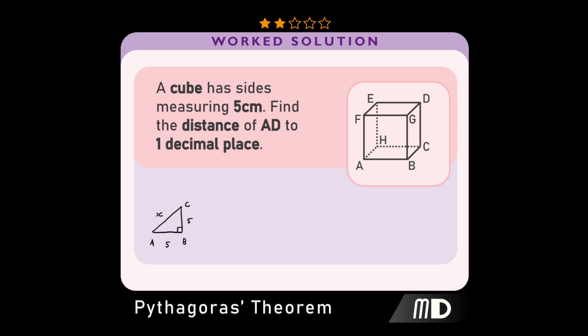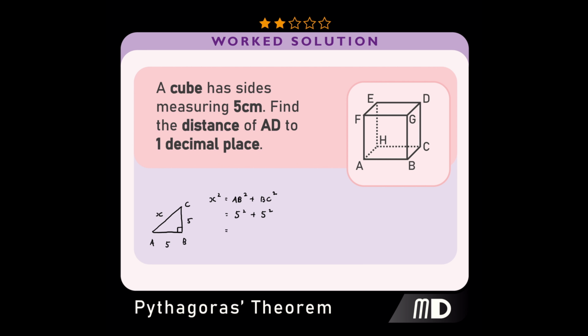Applying Pythagoras' theorem, x squared is equal to AB squared plus BC squared, which is 5 squared plus 5 squared. 5 squared is equal to 25.